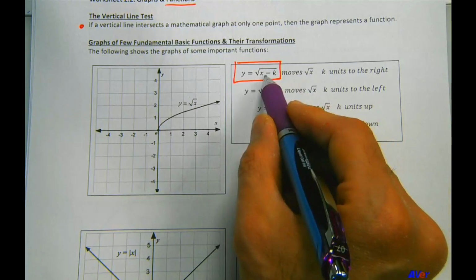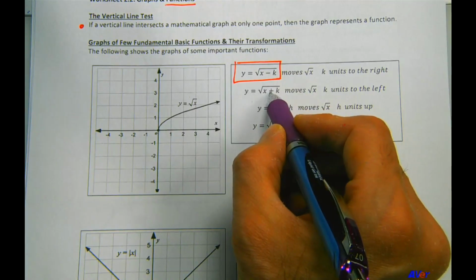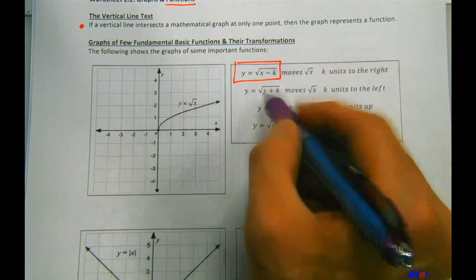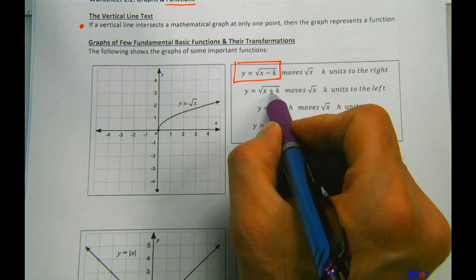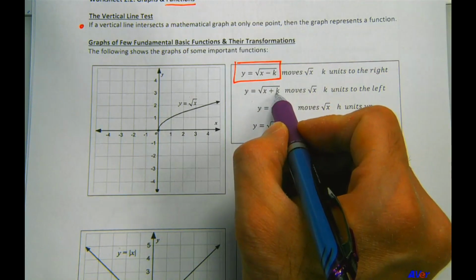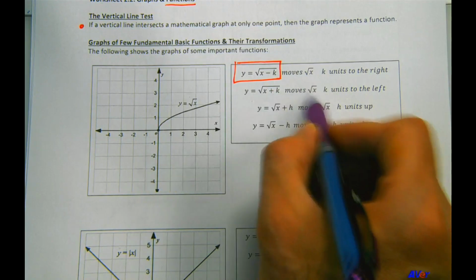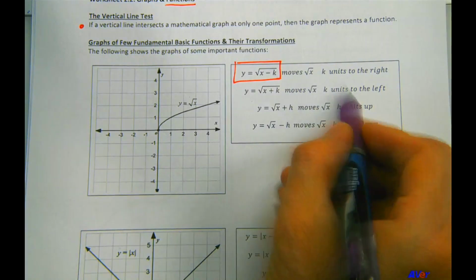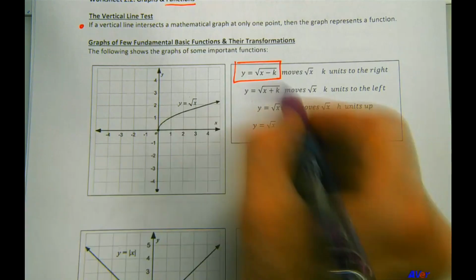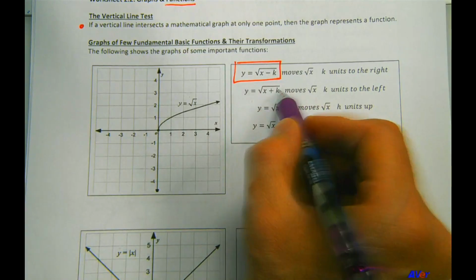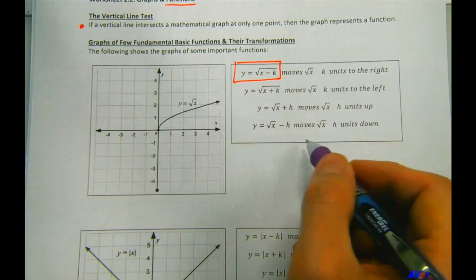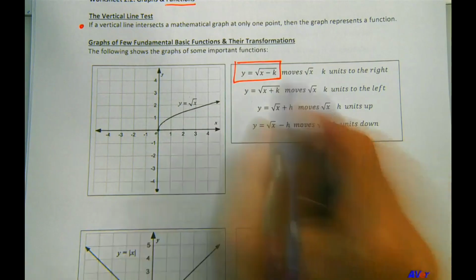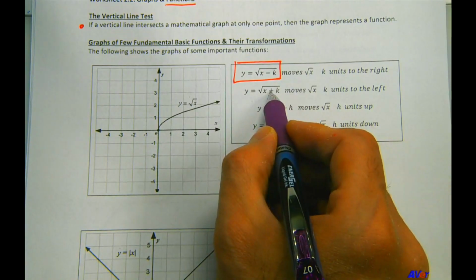But if that algebraic sign becomes positive, so this is the main function, but if that becomes positive, that means what? That means k must have been a negative number, which means the original seed function square root of x moves k units to the left, because k must have been negative, which indicates movement horizontally to the left. Okay, that's when this algebraic sign becomes positive.